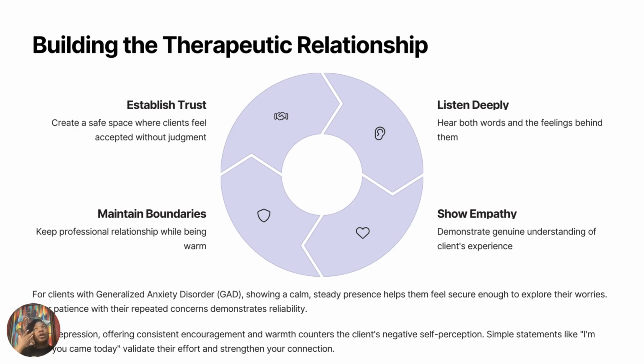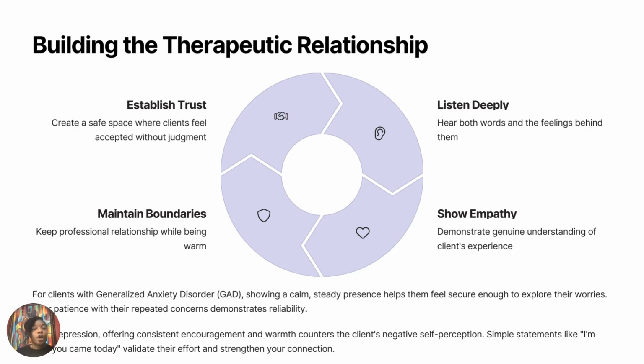And how you build trust with one client, depending on their diagnosis, will be different. For example, if an individual has generalized anxiety disorder, it's important to be calm, be a steady presence, and help them to feel secure enough to explore their worries.